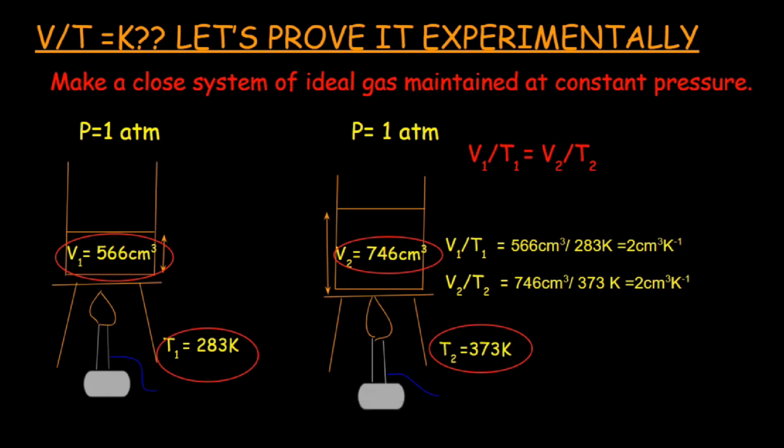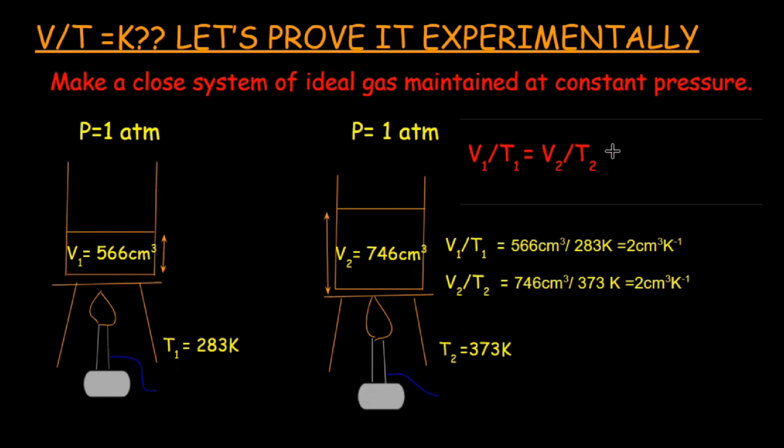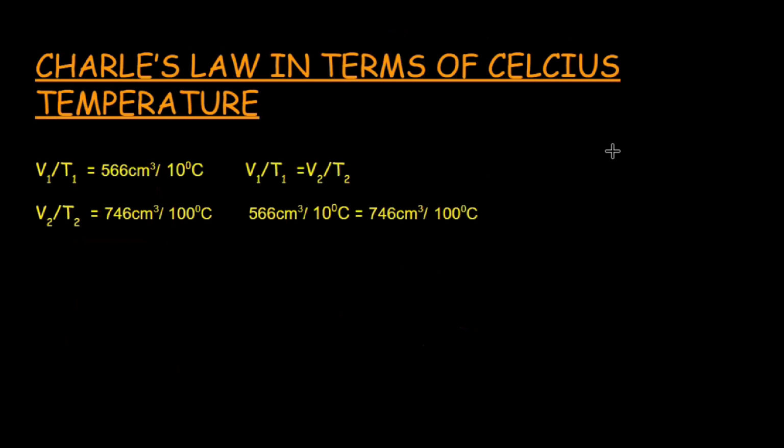So T1 in this experiment will be 10 degrees Celsius and T2 will be 100 degrees Celsius. Now put 10 degrees Celsius and 100 degrees Celsius in this equation, V1 by T1 is equal to V2 by T2, right? Volume will be the same, 566 and 746, but both sides of the equation will not be equal to each other.